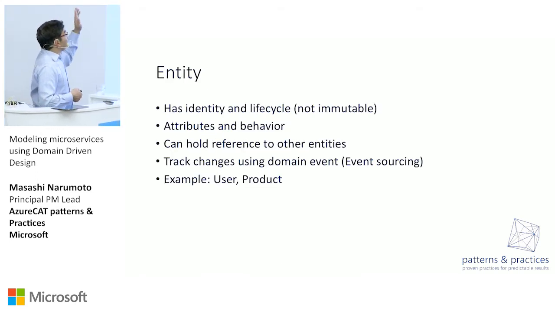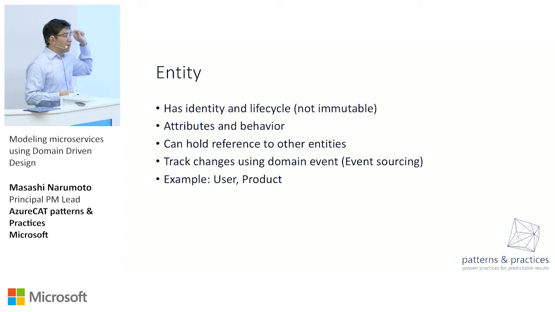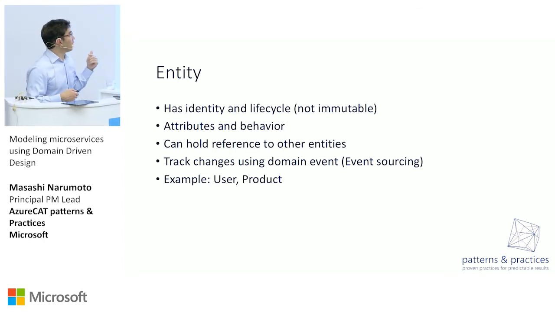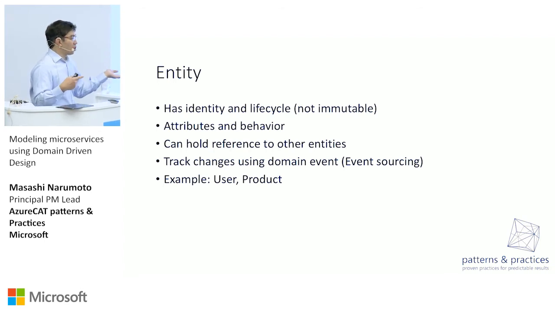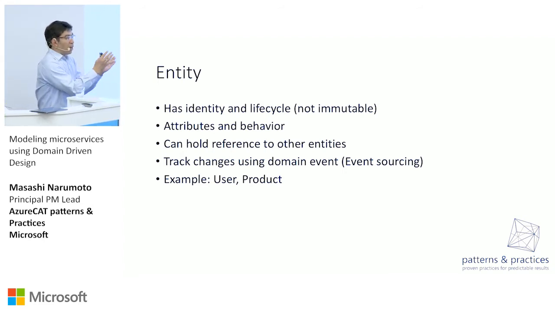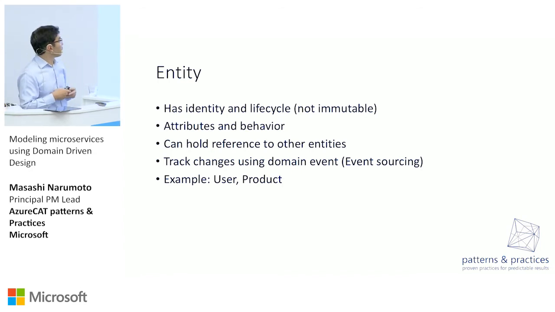And on the other hand, an entity has an identity, meaning it has a history behind it, so it's not immutable. Like a user. Masashi, there's only one Masashi here. We cannot throw away a Masashi and create a Masashi from scratch. This is not just a value. It is an entity with history in it. And it can have attributes and behaviors.